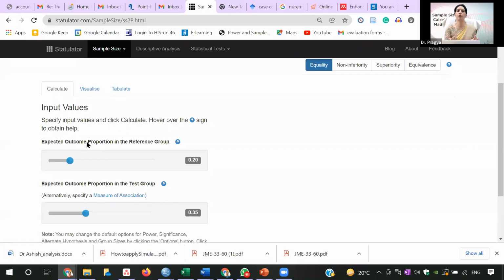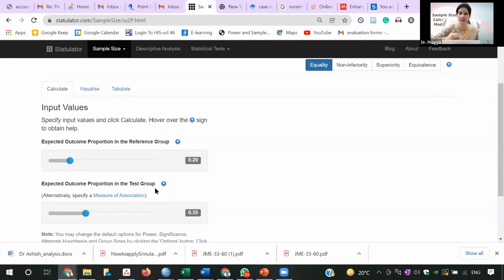Because in a case control study, you start with the cases and you have a control, and you see the exposure proportion. So it is basically the proportion of risk factor in the control group, and this is the proportion of risk factor in the test group. Do you get it? Don't get confused with the term outcome here. This outcome will change in the context of the type of study.